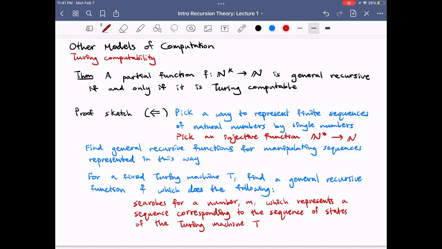So basically, this function F is looking for a number M, which represents the sequence, which is a valid sequence of moves according to the transition function of the Turing machine T. So sorry if that's a bit vague.